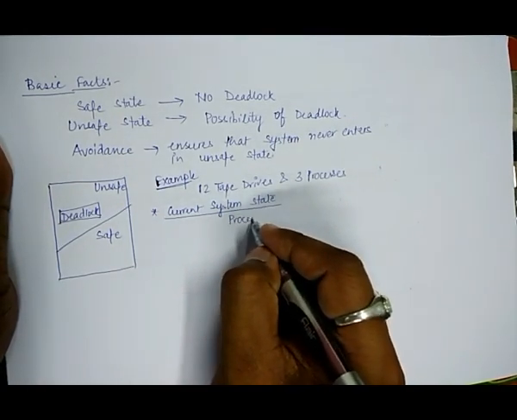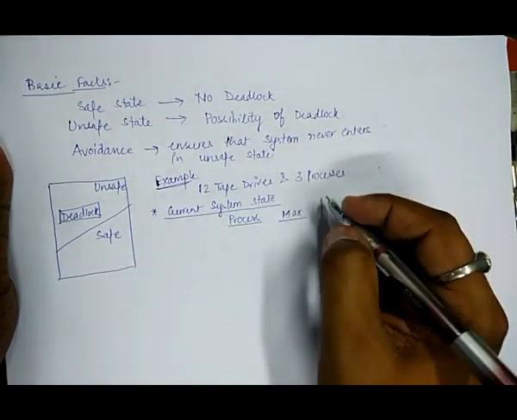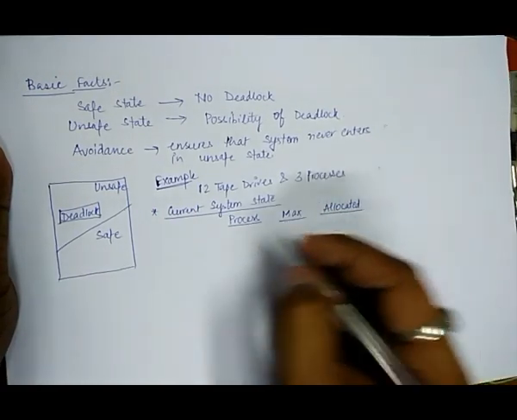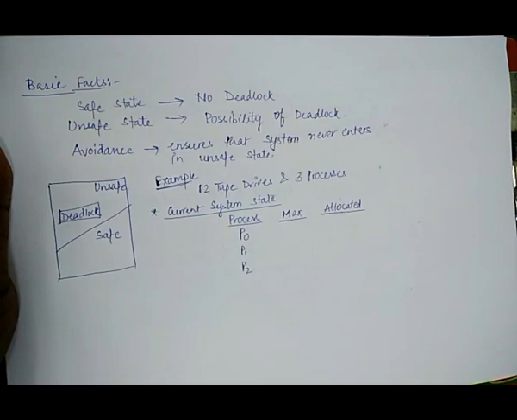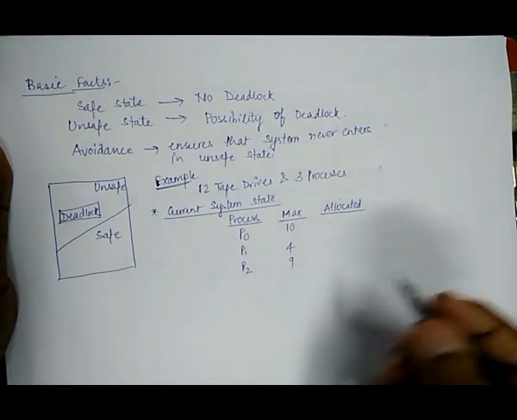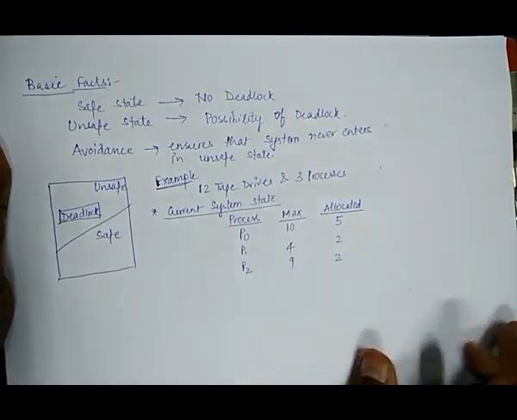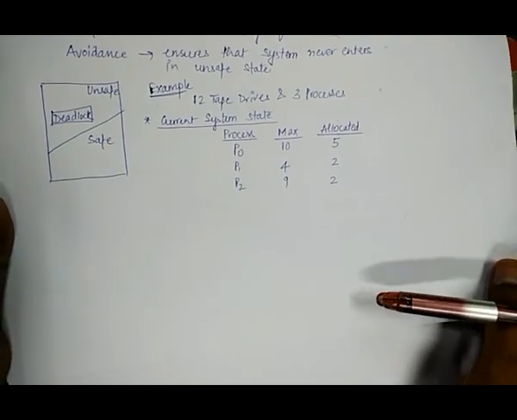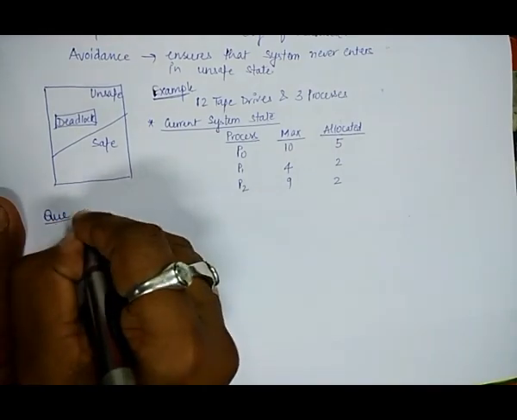We have processes, the max need of the processes and the allocated ones. So we have 3 processes, P0, P1 and P2, their max need is 10, 4 and 9, and the allocated resources are 5, 2, 2. Now we have to check whether this system is in safe state or not.